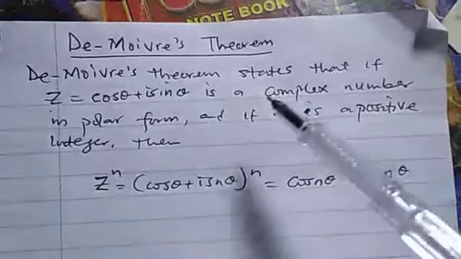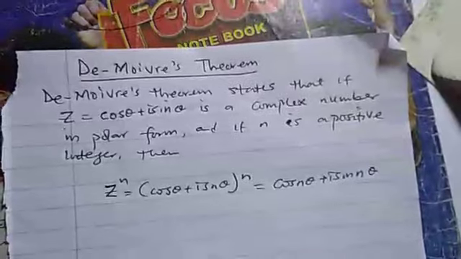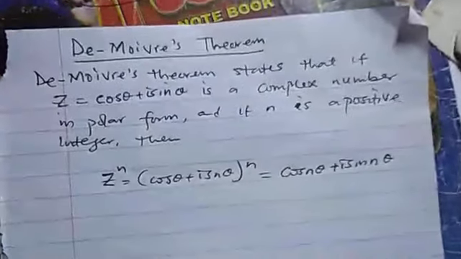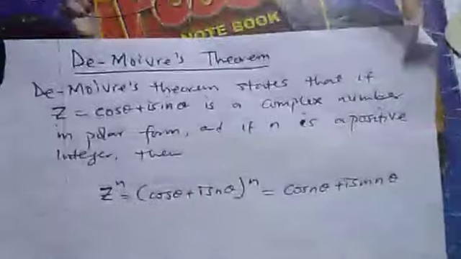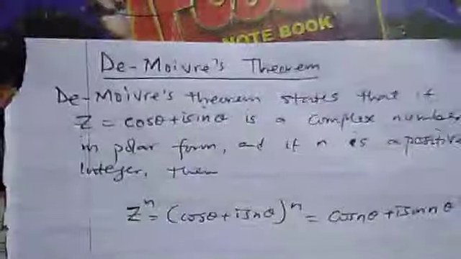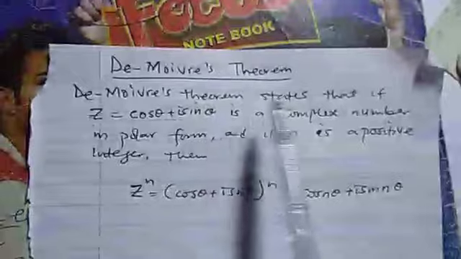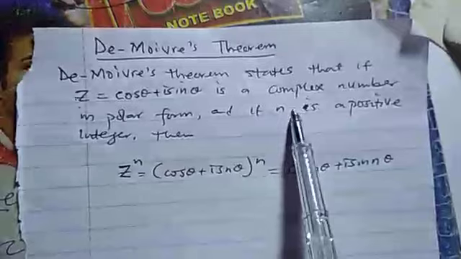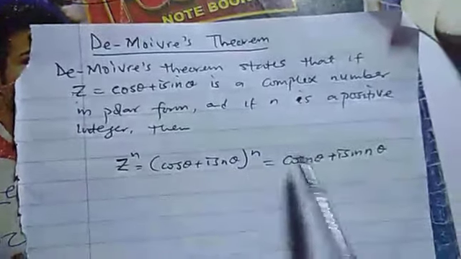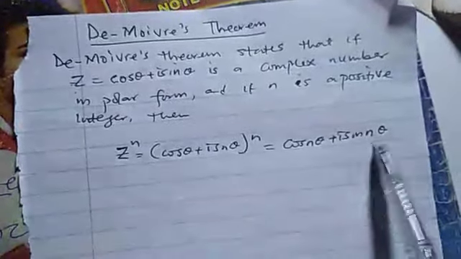Another important one is De Moivre's theorem. De Moivre's theorem is an important theorem in complex numbers. We always use it to expand numbers without using binomial expansion. So that is one of the applications of complex numbers. And the theorem says that if z is a complex number in polar form, and n is a positive integer, then (cos θ + i sin θ) raised to power n is equal to cos nθ + i sin nθ.